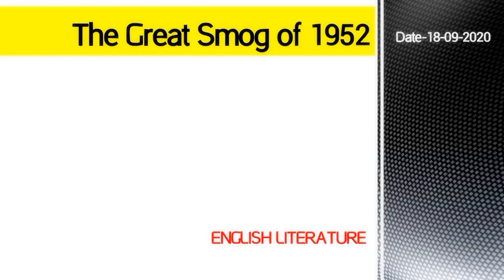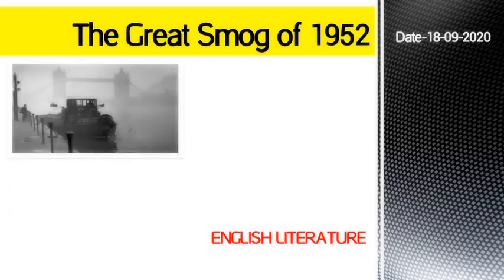This incident happened in London, and this lesson is based on air pollution. I hope you know what air pollution is. If not, see page number 40, at the top it is written what air pollution is and how it happens.